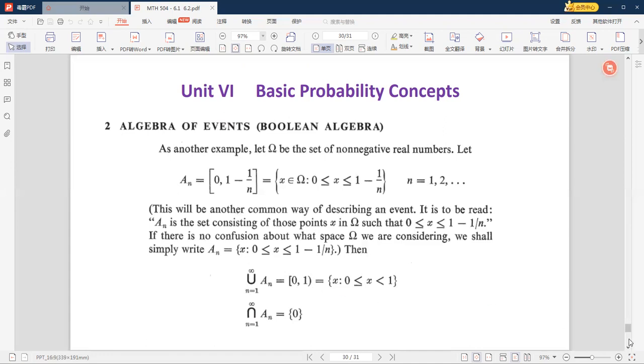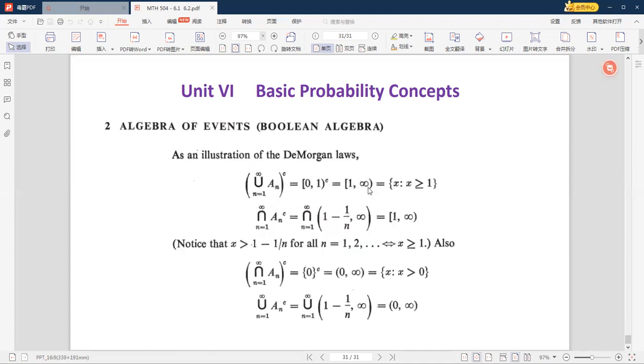So if you take the complement of it, it should be anything except for that. Since we're talking about all non-negative real numbers, that should be the interval from 1 to infinity, including 1, right? So that's what it is.